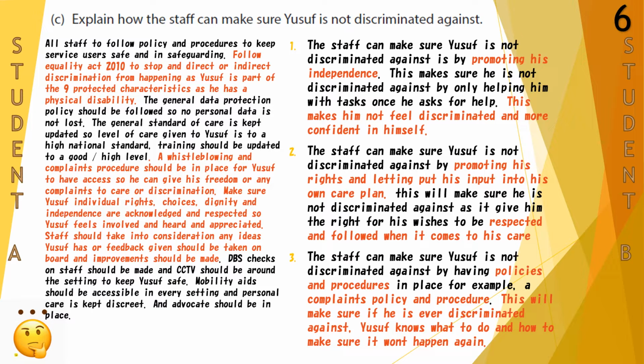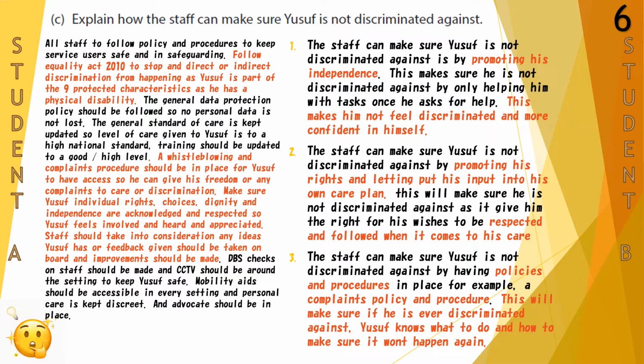With student A, they start off by talking about staff following policies and procedures, keeping service users safe in safeguarding, which is good, but that's not discrimination. Safeguarding is different to discrimination. So the first thing they say is that we should keep them safe, which isn't necessarily part of discrimination. They're separate issues.